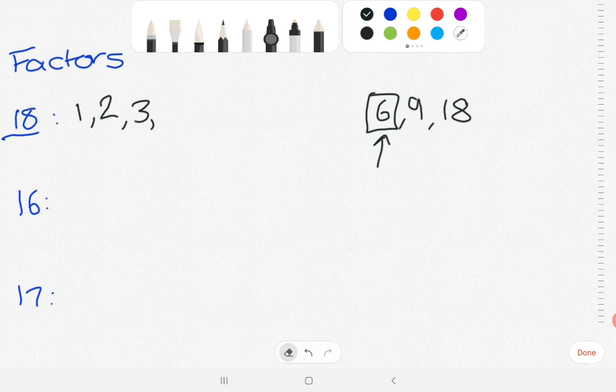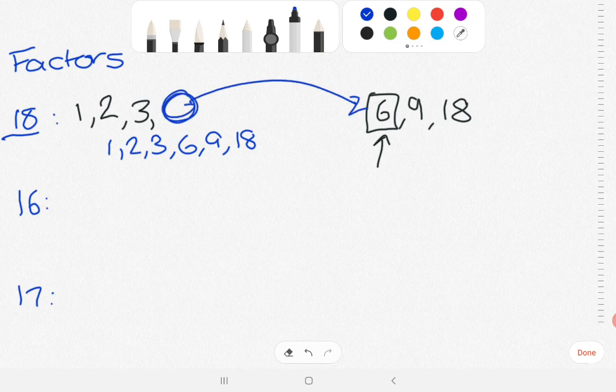So I didn't need that 6 because the factors of 18 are 1, 2, 3, 6, 9, and 18. So once you get to the number that you've got there, then you know for definite that unless you've missed something out, you're finished, and that can be quite helpful when we're doing this sometimes.